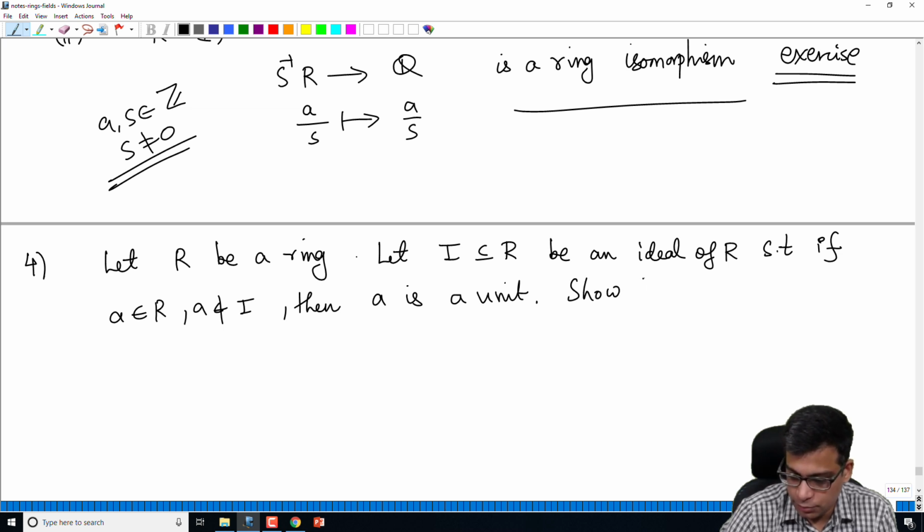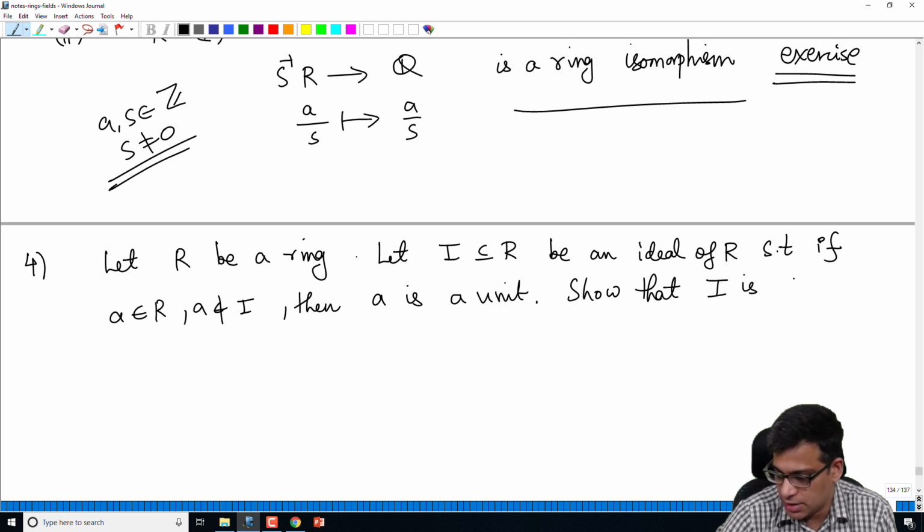Show that I is a maximal ideal and it's the only maximal ideal.